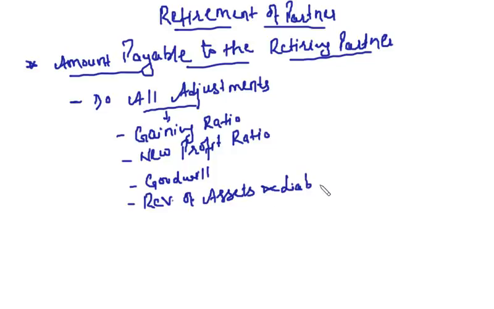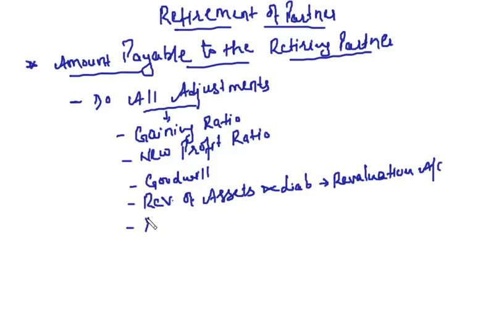How to do that? We'll prepare a revaluation account. And we will calculate the profit or the loss on revaluation that is to be distributed among old partners in old ratio.